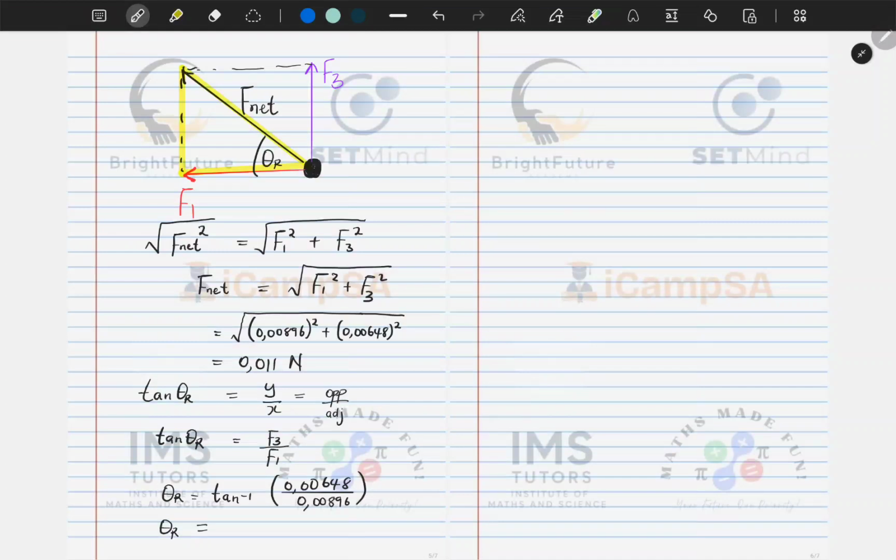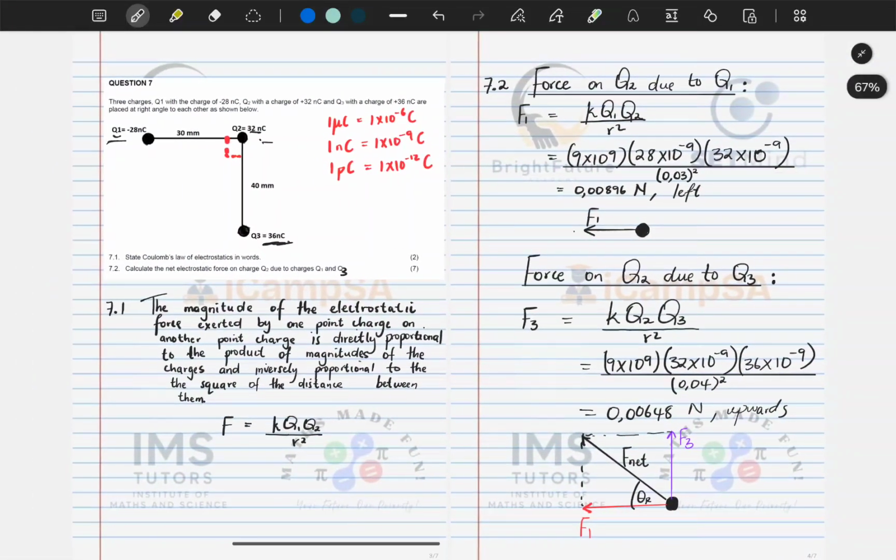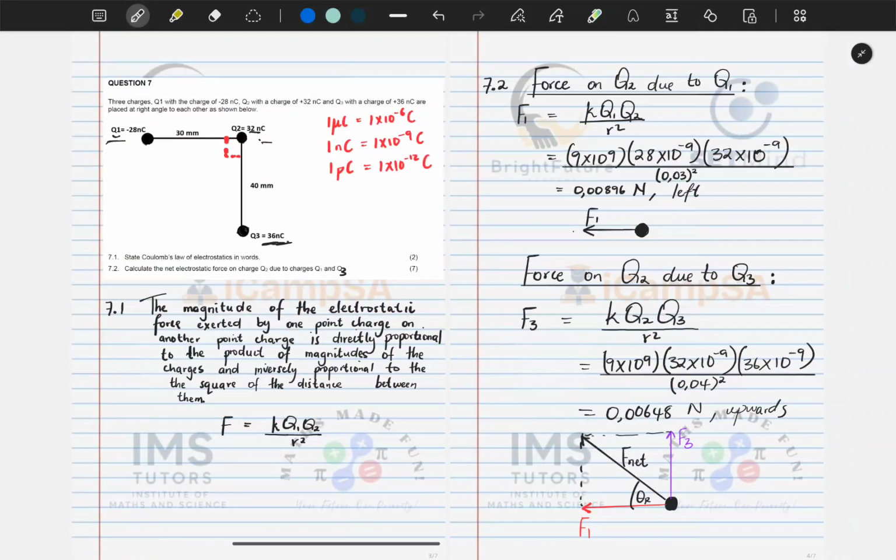So therefore, let's check our theta r. We find that our theta r is 35.87 degrees. So this is how you do a question like this one. So whenever you see a 2D vector, remember the way you would specify a direction for a 2D vector is by using an angle.